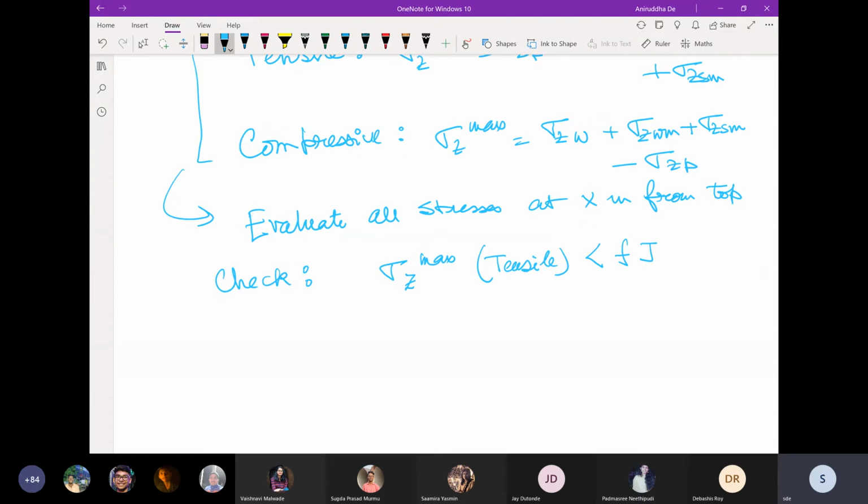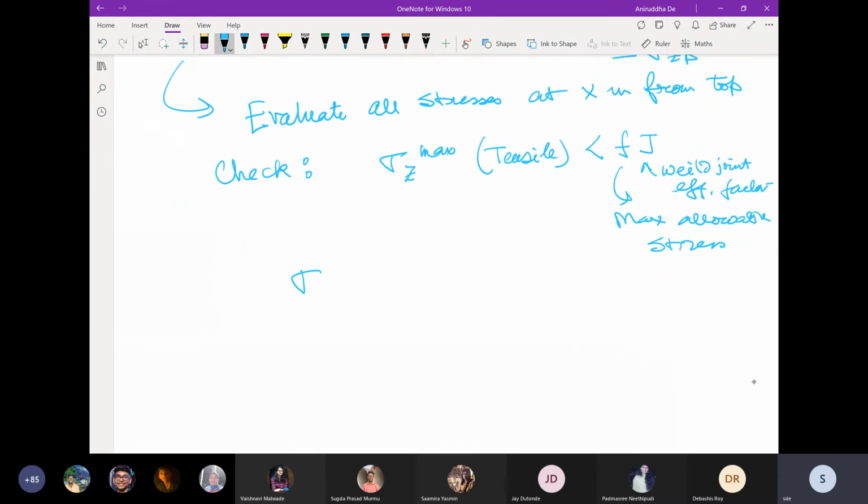You have already learned it is typically 0.9 or 0.85, whatever Professor Ganguly has already told you. I think it is 0.85 you said, right? So it is a weld joint efficiency factor, and F is the maximum allowable stress of the material at the temperature.